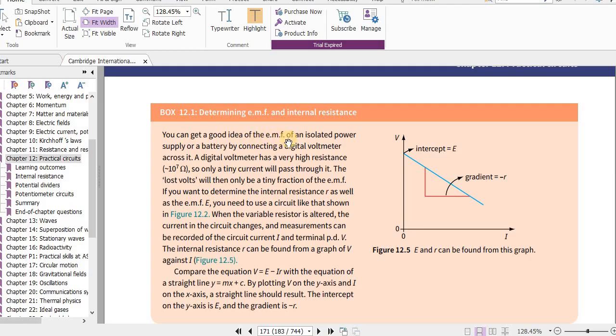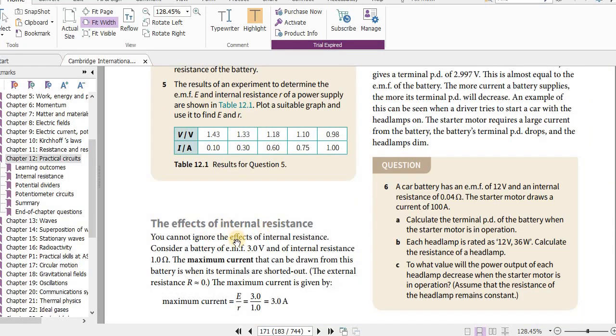You can get a good idea of the EMF of an isolated power supply or a battery by connecting a digital voltmeter across it. The EMF, like I said, is actually explained here, along with the effect of internal resistance.